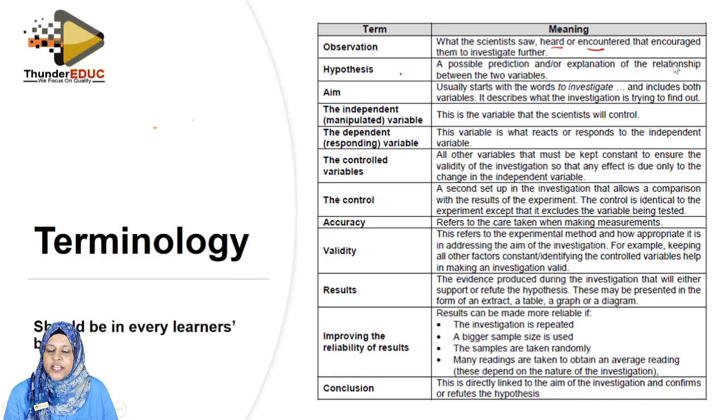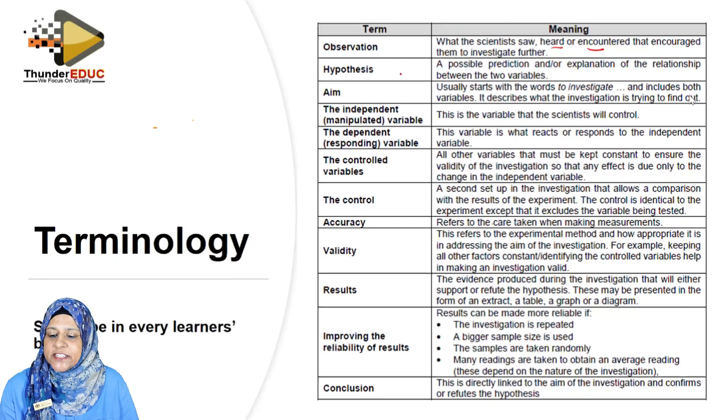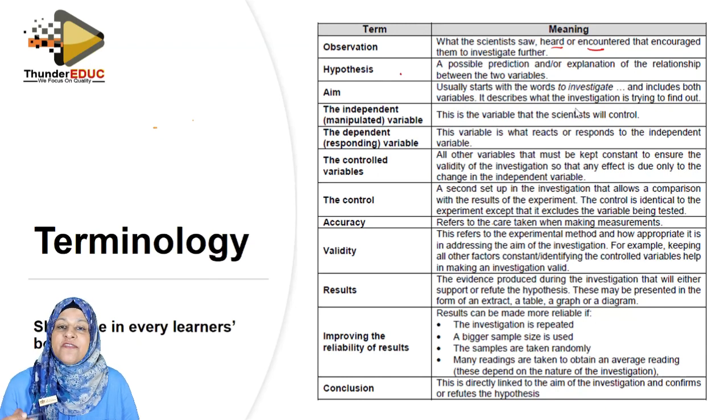The aim usually starts off with words like to investigate, to find out, and it includes both variables. It describes what the investigation is trying to find out. So the aim is always found at the beginning of the investigation, and it tells you what the investigation is trying to find out.